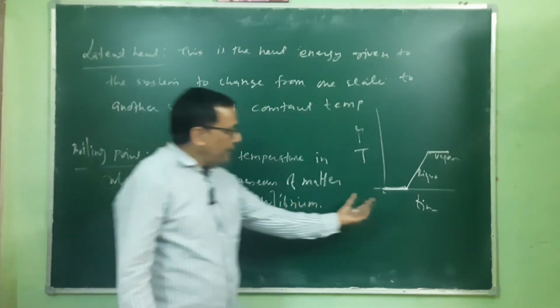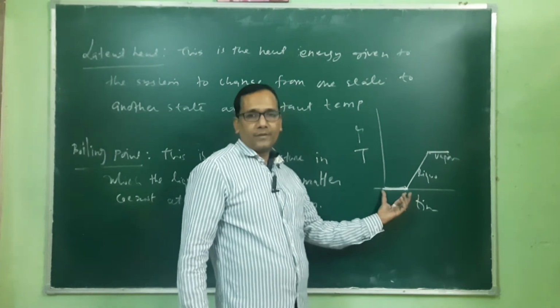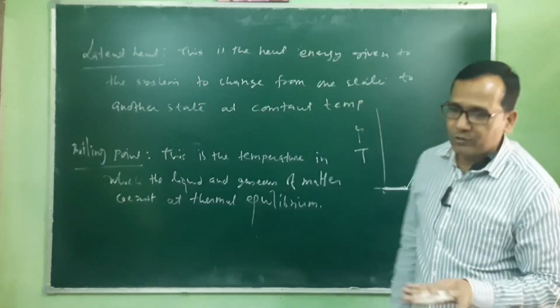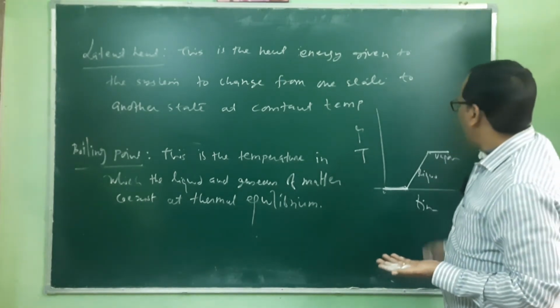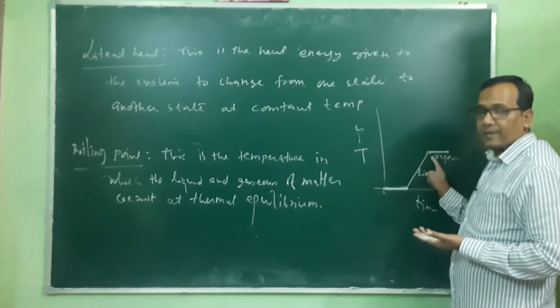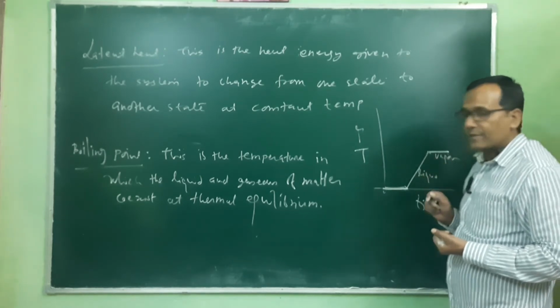Here we are providing energy, but there is no change in temperature, and the state is changing from solid to liquid. Also here, we are providing energy, but the temperature is constant, and the state is changing from liquid to gaseous.